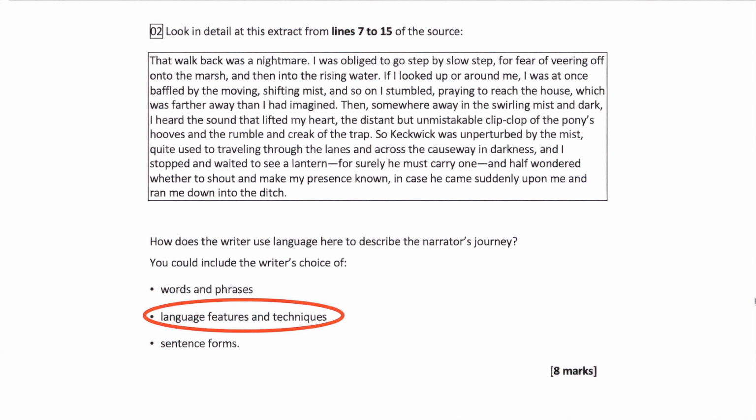If you can't write about the effect or the reason behind the writer's choices, it's best to choose a different example to analyse. For example, in our source we have the phrase clip-clop, and we might think, oh, this is alliteration and onomatopoeia, I'll write about that. But just because you spot something doesn't mean it's the best thing to write about. There's always way more in the extract than you can write about in around 10 minutes, so you need to think, can I analyse the effect or explain a reason behind the writer's choices?